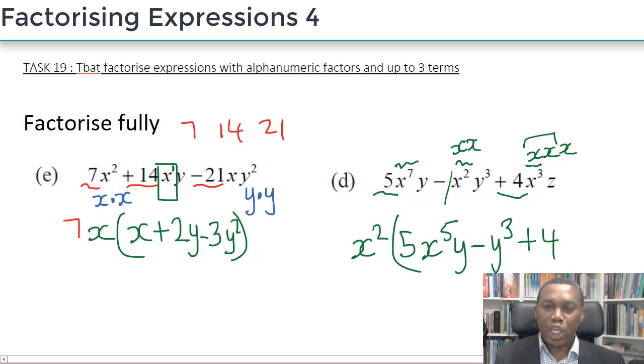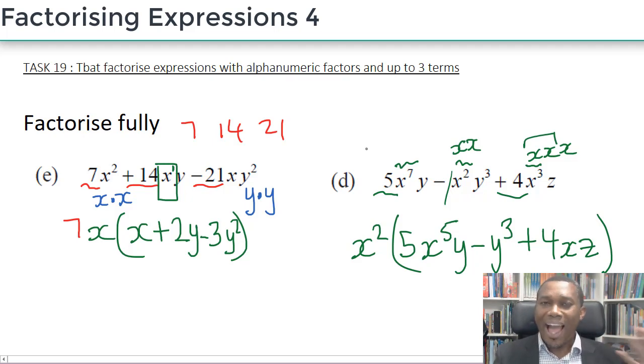I needed x cubed. I have x squared multiplied by x. That will give me x cubed. Z, there's no z outside the bracket, so z goes inside the bracket, and that is my factorization.